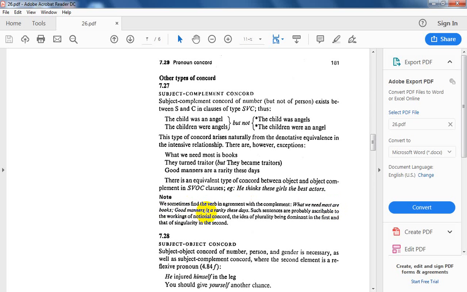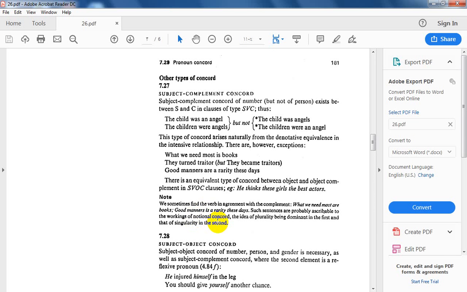Good manners is a rarity: the complement is singular and the verb is singular too. Such sentences are probably due to the workings of notional concord, again depending on the idea.